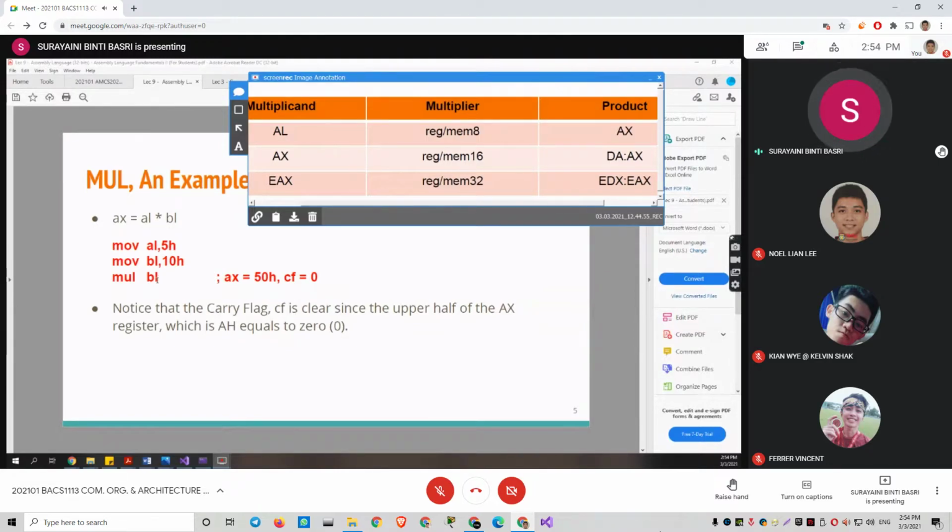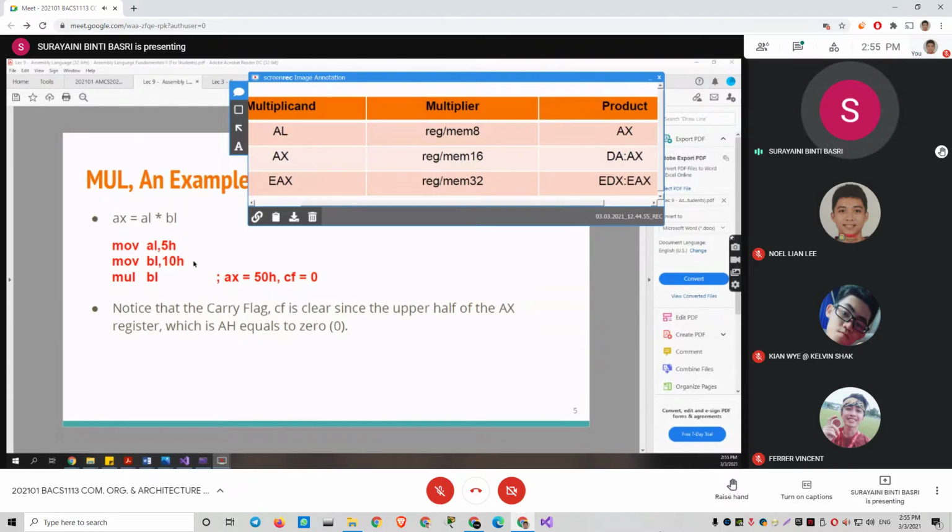The syntax only needs you to identify BL, meaning we want to multiply BL, and the computer already knows that this BL should be multiplied with AL. But before that, we also need to specify the value in AL. This is the way we can multiply an 8-bit number, the steps you can follow later.